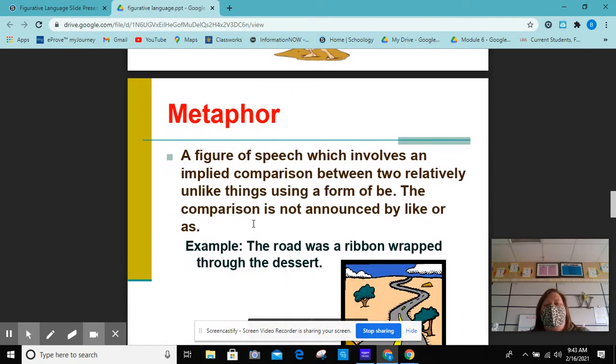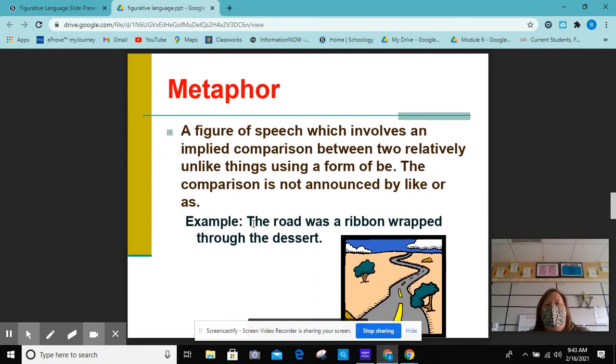All right, metaphor. A figure of speech which involves an implied comparison between 2 relatively unlike things using a form of be. Now, can somebody tell me what a be verb is? Or list the 5. Am, is, are, was, were.